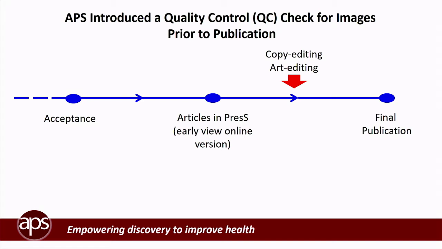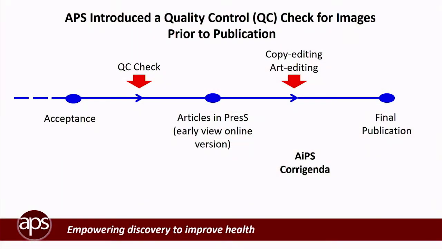Because this was an art staff role, they began to do these checks as they were preparing the figures for final publication. However, when concerns were identified and corrections could be made, it would result in us having to post some type of corrigendum, because by the time the figures are being prepared and analyzed, the article is already posted online as an early view publication.